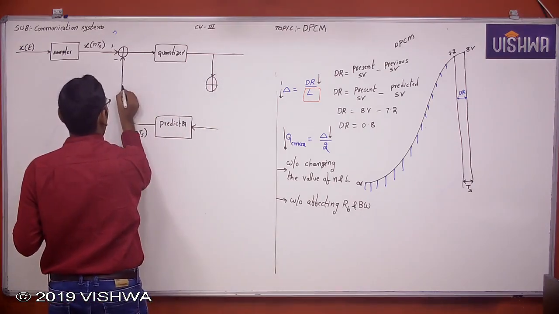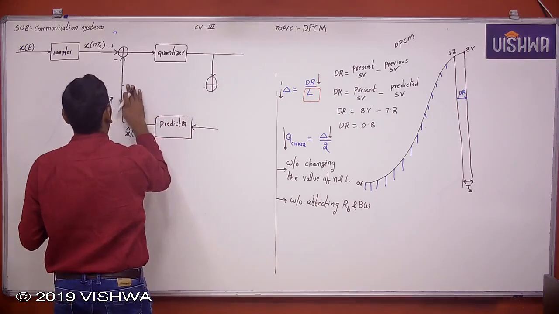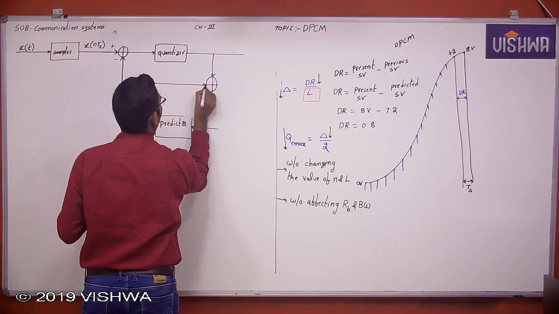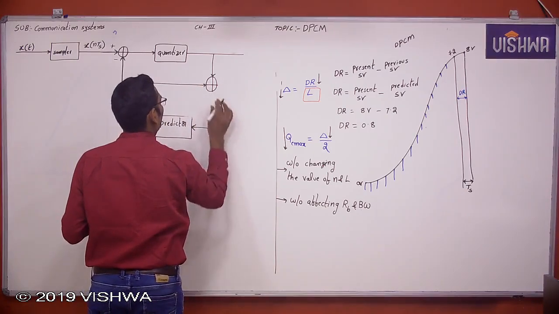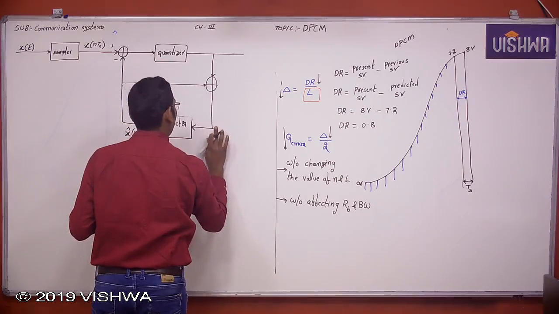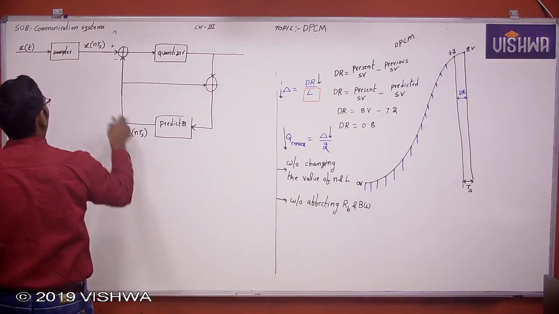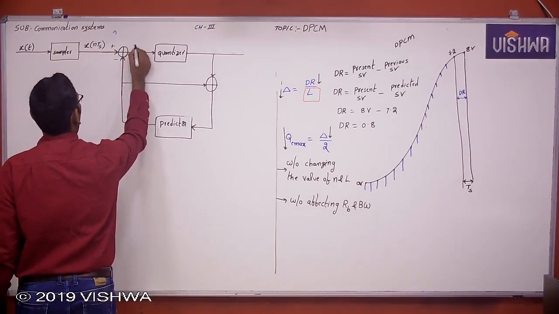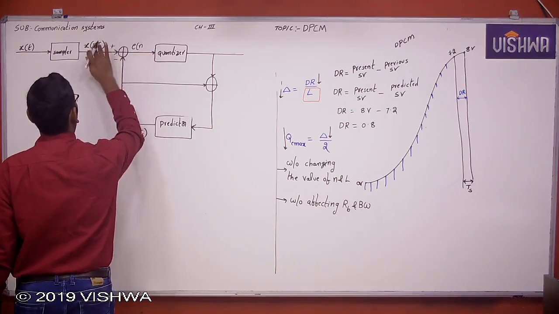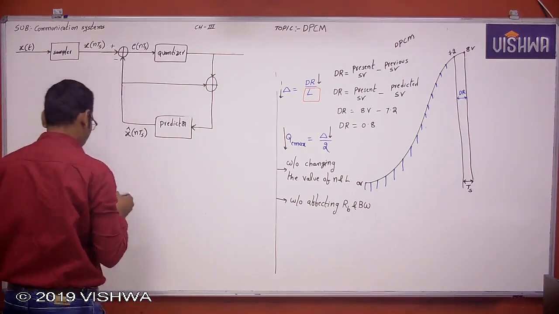This prediction filter output is connected to this adder, and these two added together will be the input to the prediction filter. This is the error signal, which is the sample value minus the predicted output.